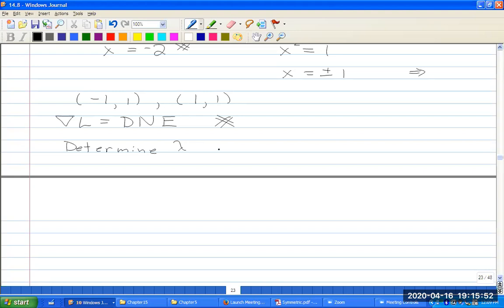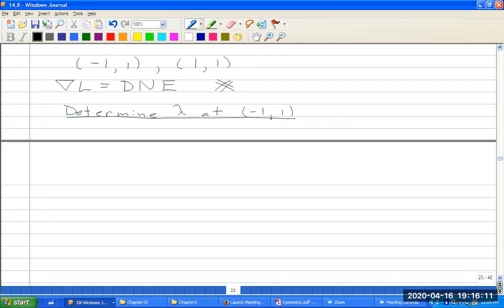At (-1, 1). So let's figure out what that lambda is. Okay, so we have here e to the y minus 2 lambda x is 0.